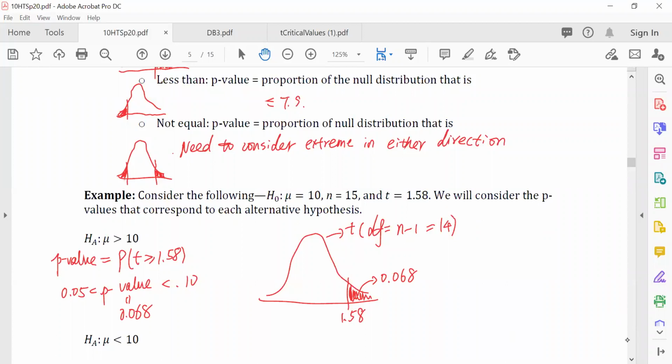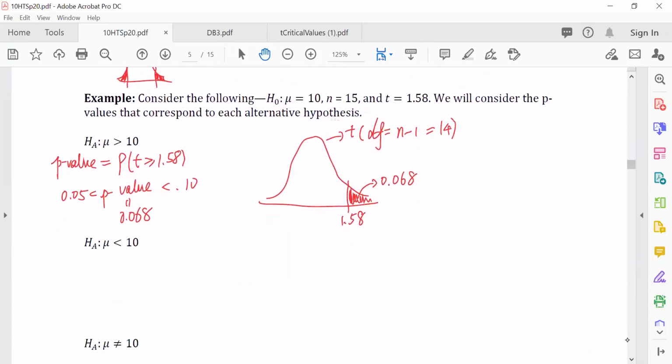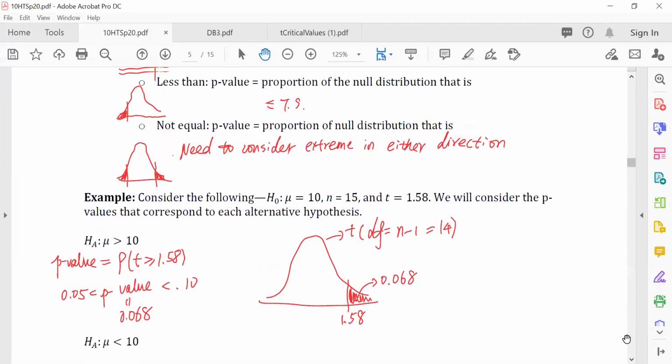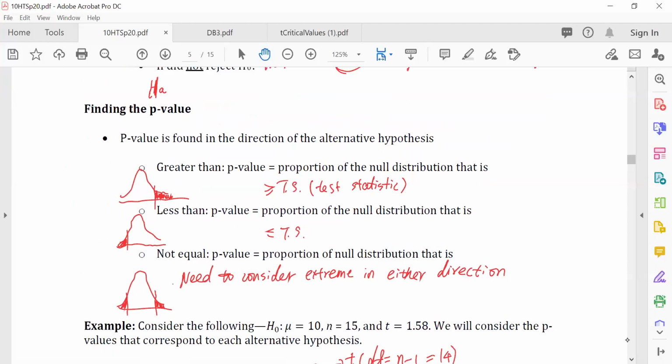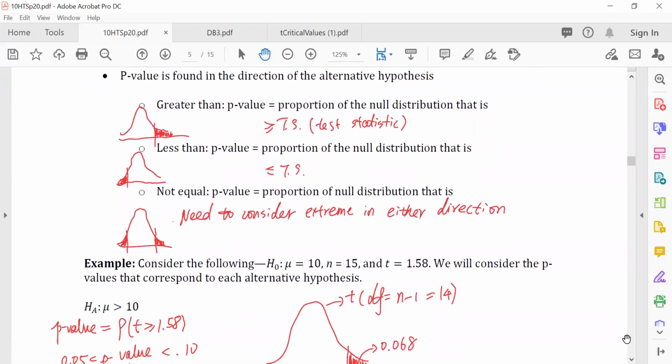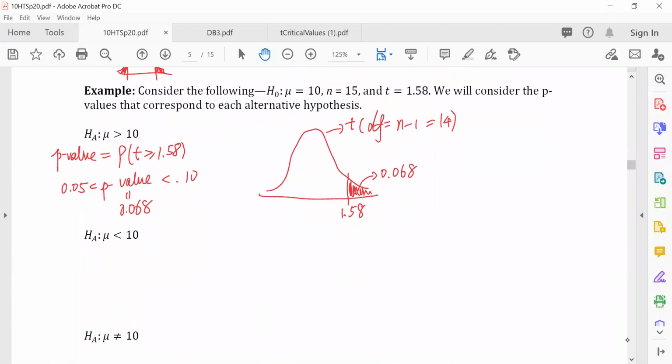That is our p-value. So this is when your alternative hypothesis is greater than 0. The p-value is the proportion of the null distribution that is greater than your test statistic.